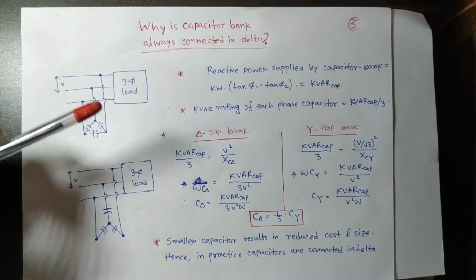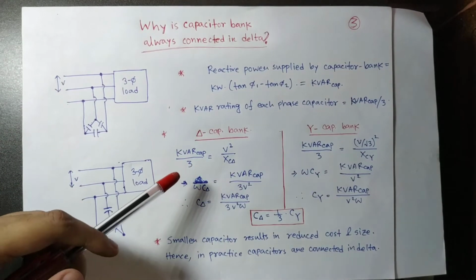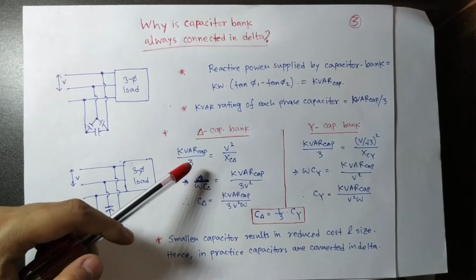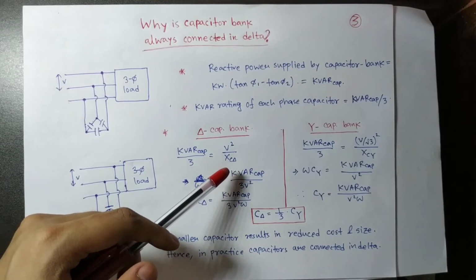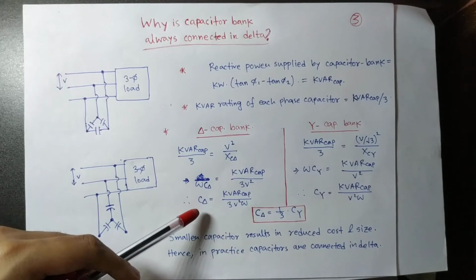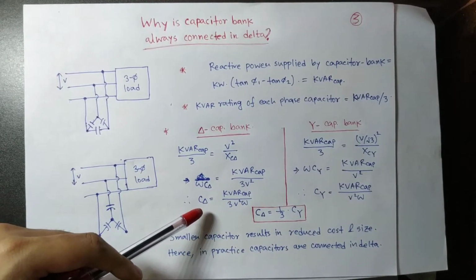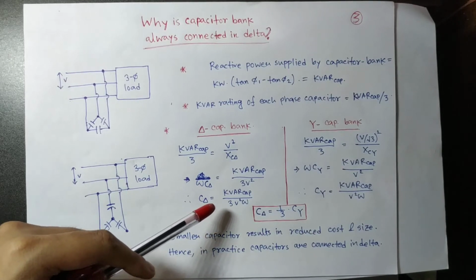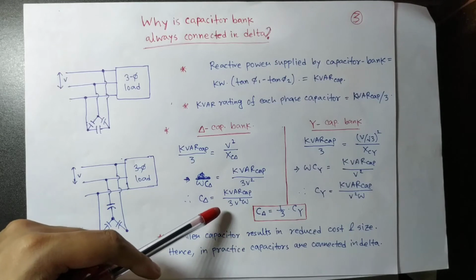Okay, so for the delta capacitor bank we can write this expression: kVAR cap by 3 is equal to V square by XC delta. After solving this you will get the expression of the capacitor in case of a delta connected capacitor bank, which is kVAR cap by 3 V square omega.